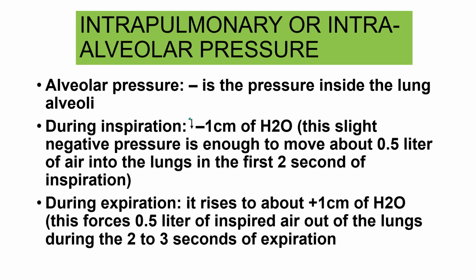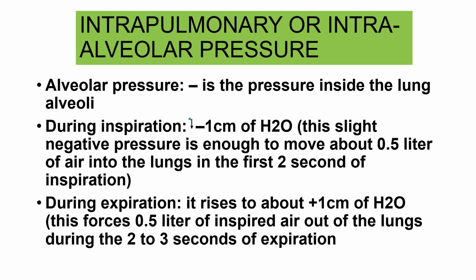Intrapulmonary or intra-alveolar pressure, or alveolar pressure, is the pressure inside the lung alveoli. During inspiration, there is negative pressure, minus 1 centimeter of H2O, a slight negative pressure. This helps in moving the air inside the lungs.